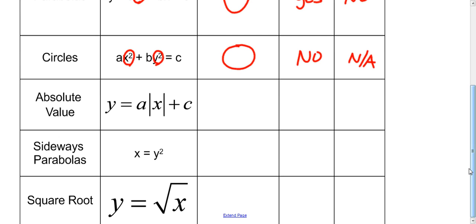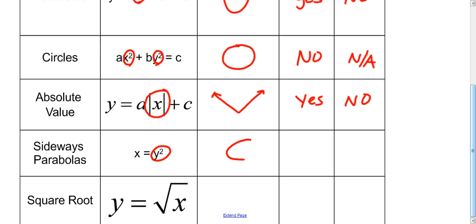Okay? If it has an absolute value symbol in it, that's the key to having an absolute value function. Those are V-shaped functions. Okay? And V-shaped functions are a function, but they are not one-to-one. Sideways parabolas only have a y squared in them, not an x squared, a y squared.